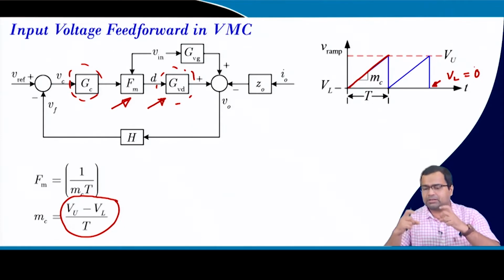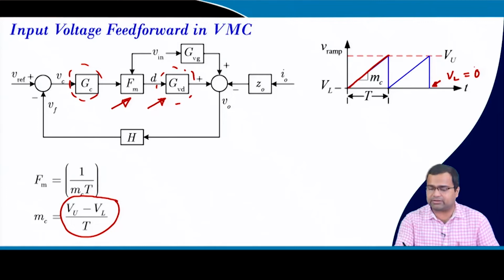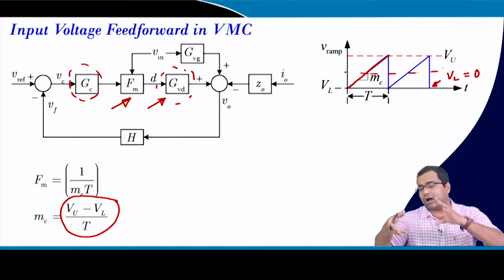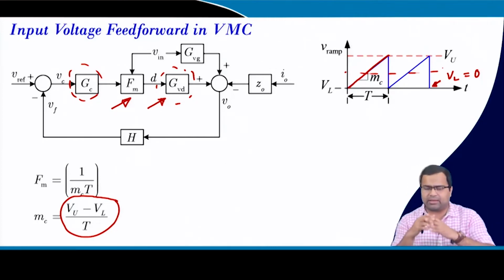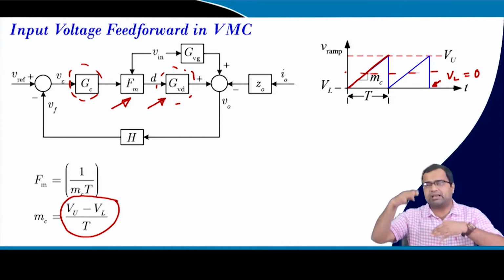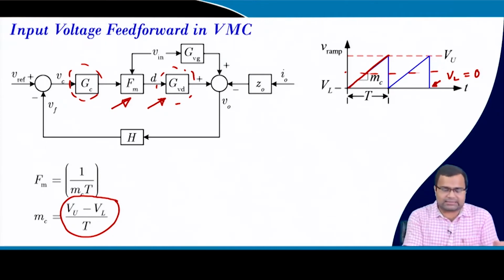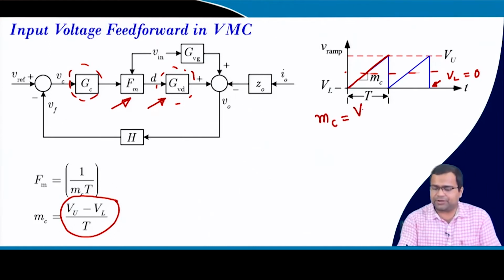Sometimes this voltage can be symmetric with respect to 0, where half of the VU will be negative, half positive. So, there are many possibilities, but in most commercial applications we generally take 0 to some maximum voltage. So, in that case MC is simply V upper by T if V lower equals 0.